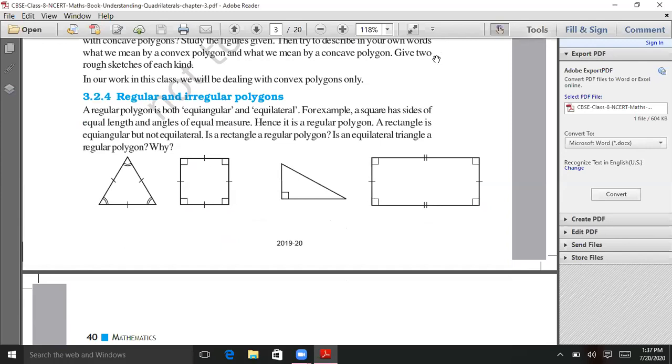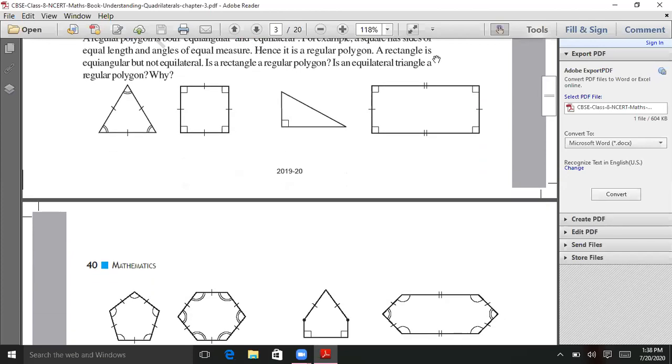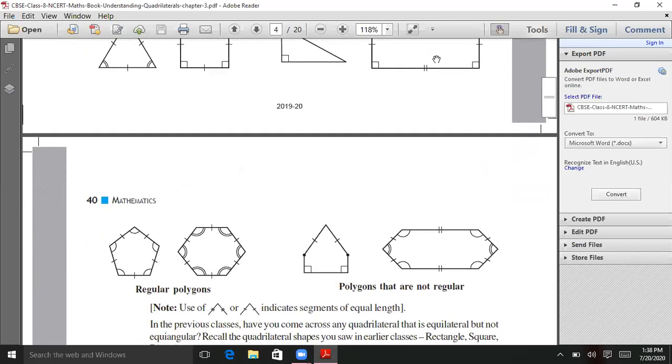A four-sided figure whose all sides are equal is called a regular quadrilateral, right? It is called a regular polygon also. Irregular are those whose sides and angles are not all equal, right?